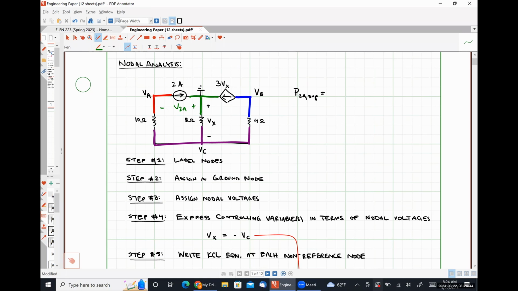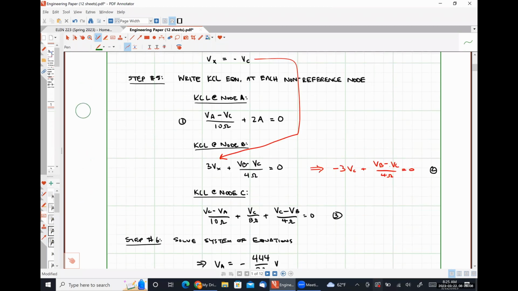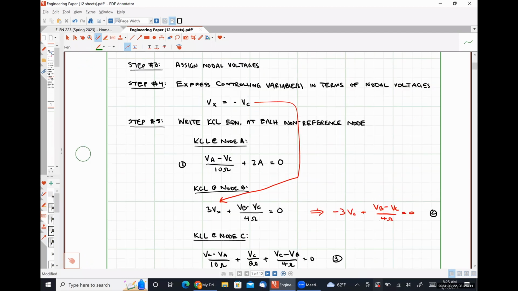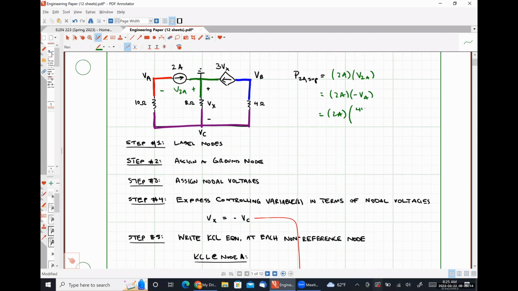So in this case, that power is going to be 2 amps times V2A, where V2A is simply 0 minus VA, which is 444 over 23, so the power is 888 over 23 watts.